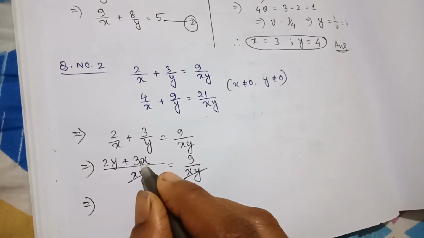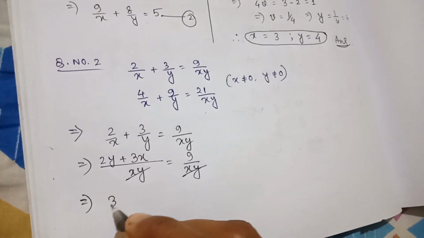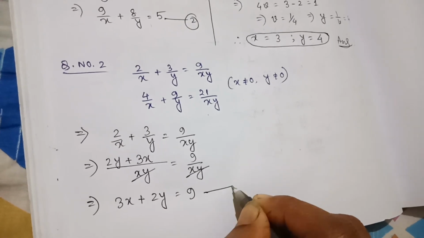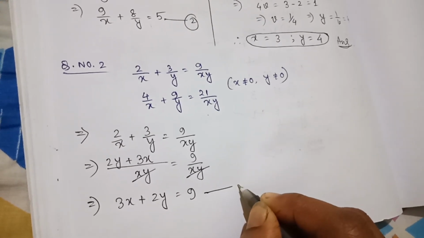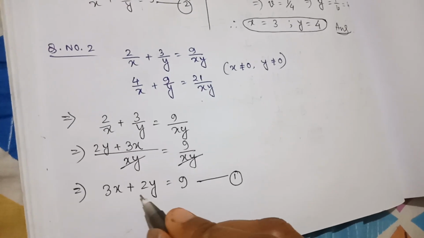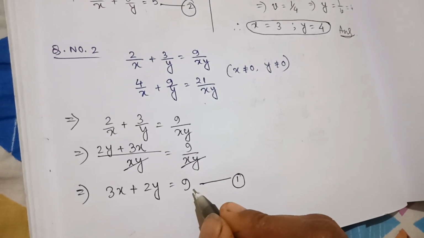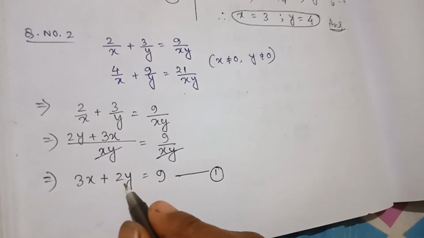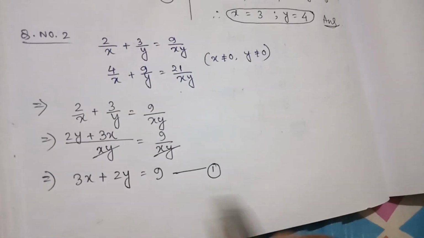That means we write x first. So it's 3x plus 2y equals 9. I'm calling this number 1. Look at this form. This is a very simple form, the standard form. So we have got the standard form of the first equation.